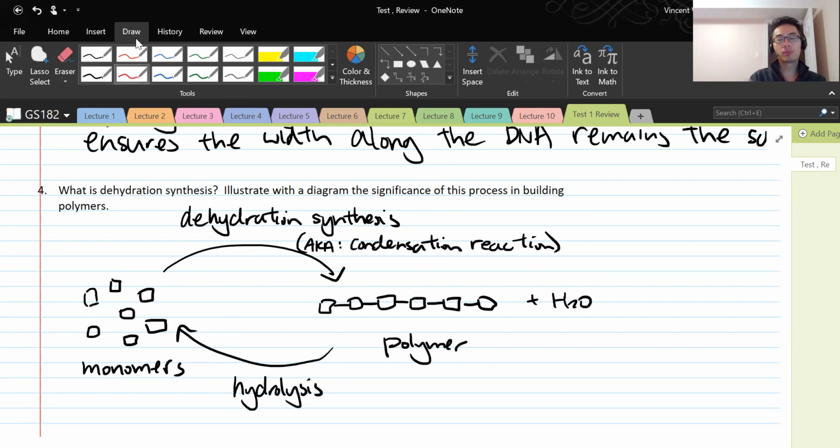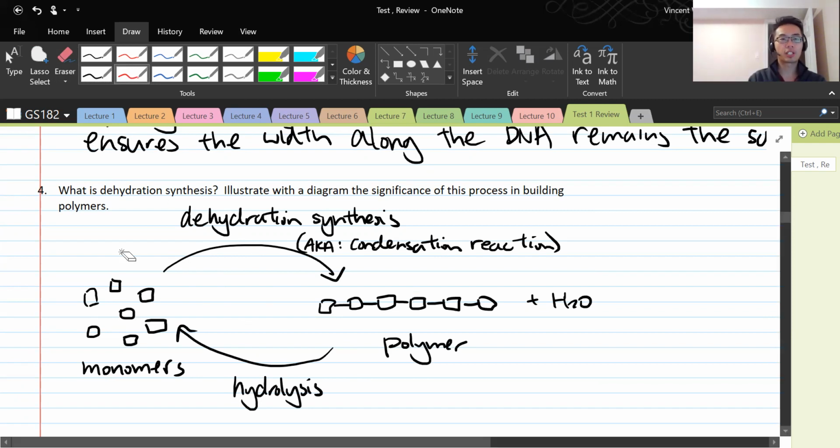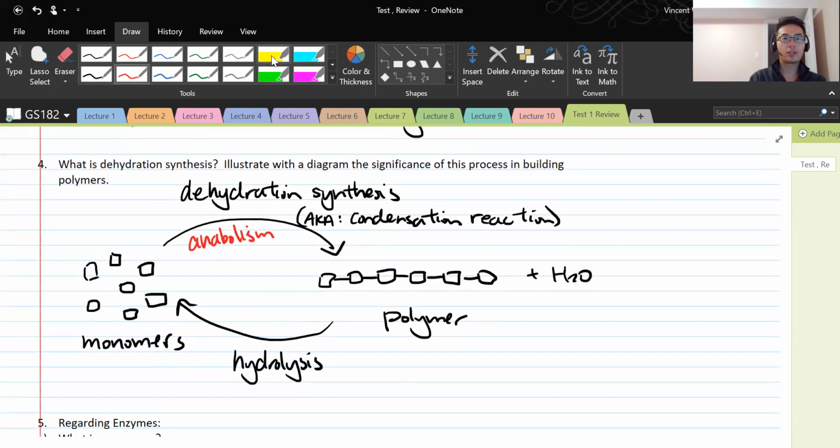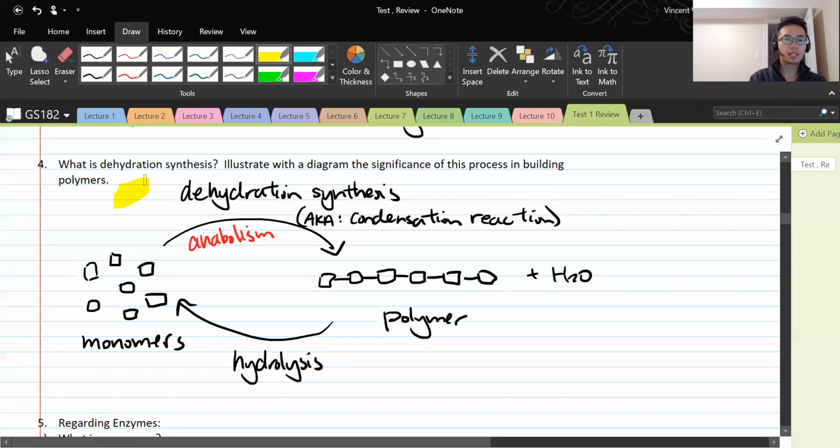Okay, so to connect this to, I think lecture 4 or something, to build things, this is part of your anabolism. And in order to do that, you would need to supply energy. So ATP is needed, right?